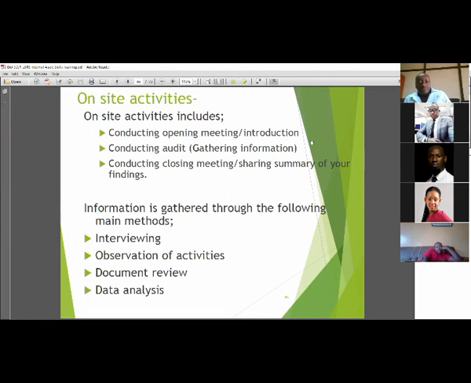Information gathering, there are many methods to do that. The most common method is interviewing, just the way Jeff does it on TV. You ask questions and you'll be told. The other one, and we mentioned it, is observation of activities. Remember, it's one of the attributes of an auditor: observant.